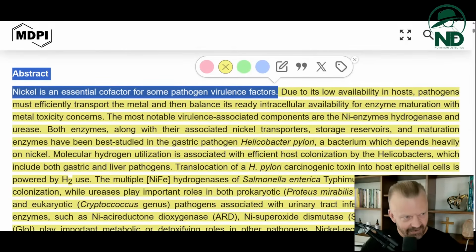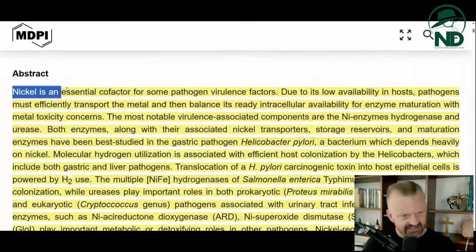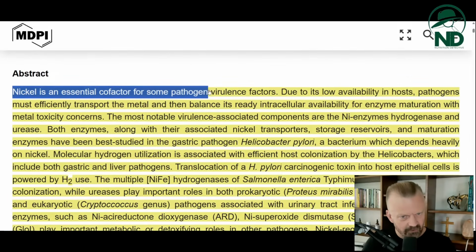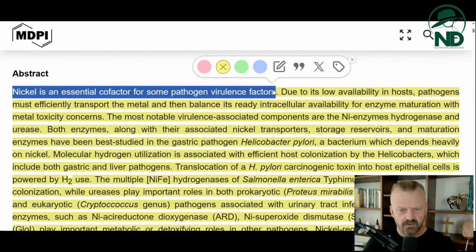It's like when we say everybody's got Candida in them, but not everybody has a Candida problem. Do you understand? The Candida became virulent. Okay? So when you hear this, nickel is an essential cofactor for some pathogen virulence factors. Then you go, okay, so if this is how pathogens become dangerous, what should we take away from the pathogen? Duh.